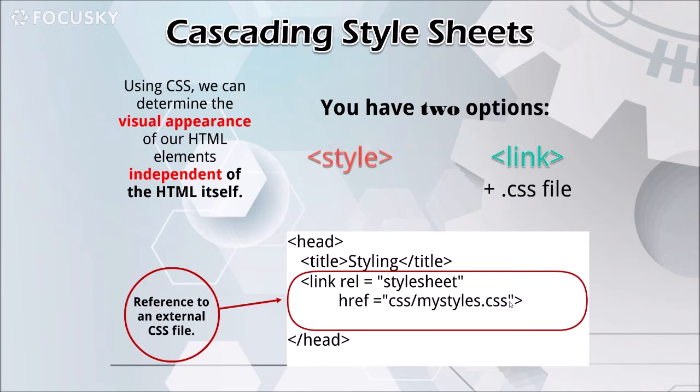It means that this document, of which we do not know the name, is located inside a folder that has a subfolder inside it called CSS, and inside this subfolder there is the mystyles.css file. This means that the root of the reference is the folder our original document is located in.